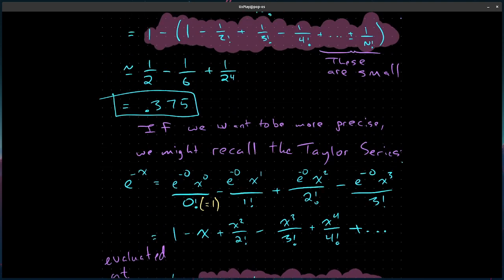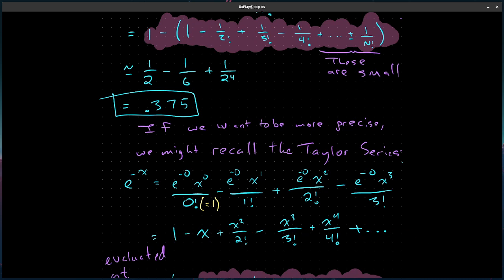And this should look familiar. This looks quite similar to what's going on over there. If we plug in 1 for x, then we actually have almost precisely the same expression. The difference being that our sequence doesn't end at n here. This goes on infinitely.